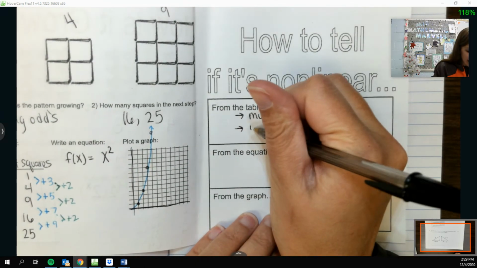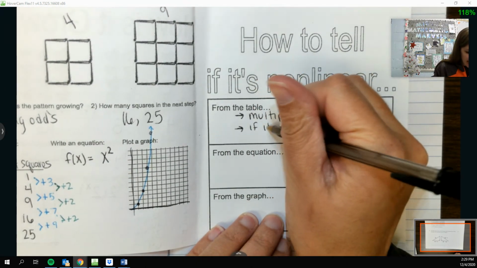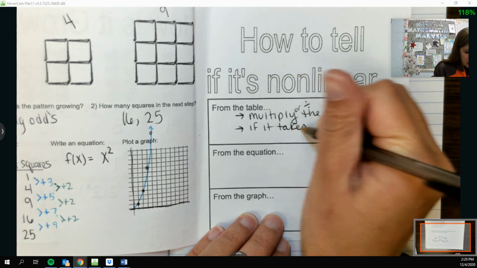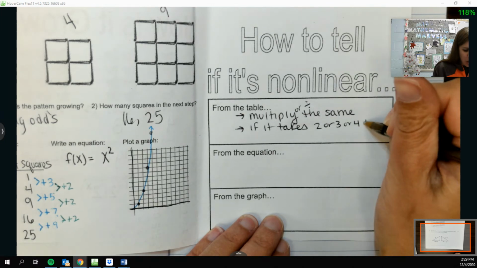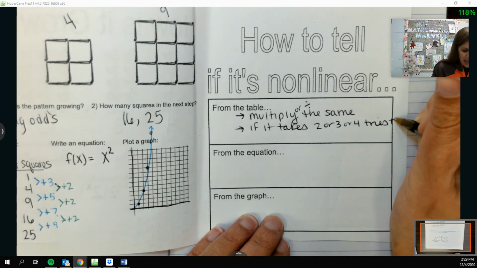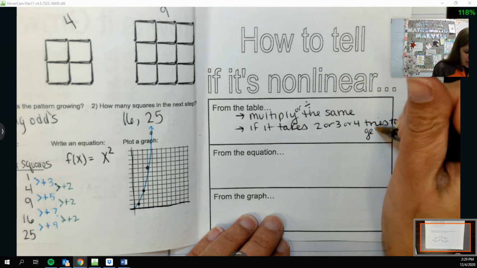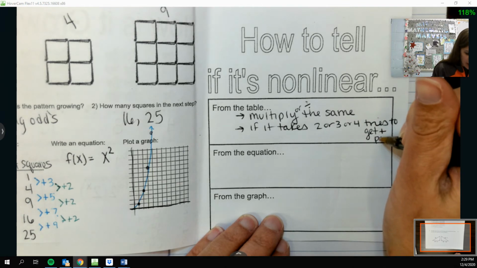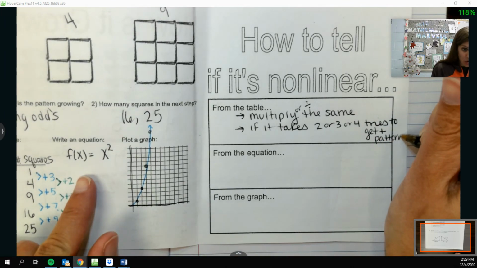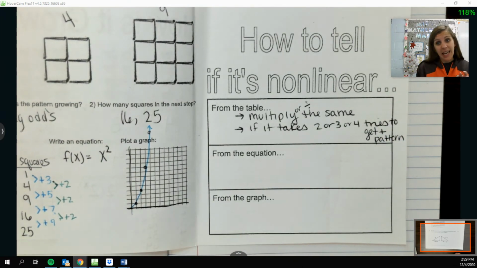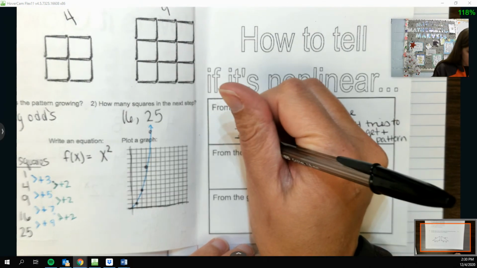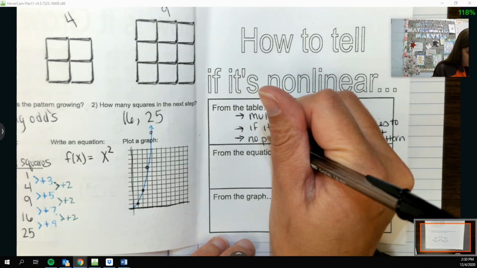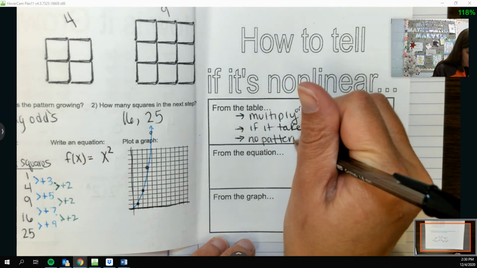Or if it takes me 2 or 3 or 4 tries to get an adding pattern, like this took me 2 tries to get an adding pattern, or if there's just no pattern. That could happen. There's just no pattern.